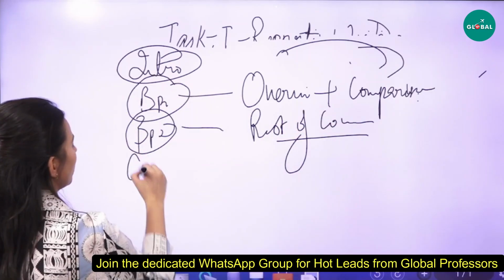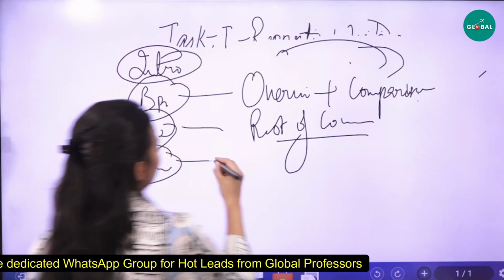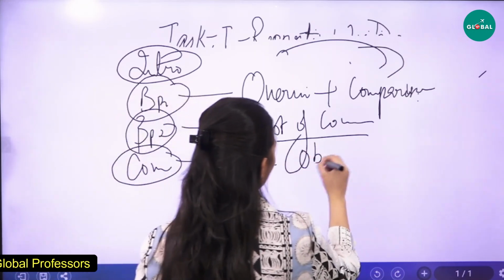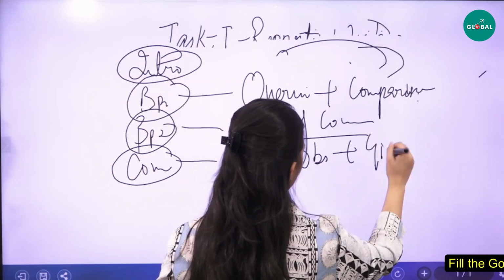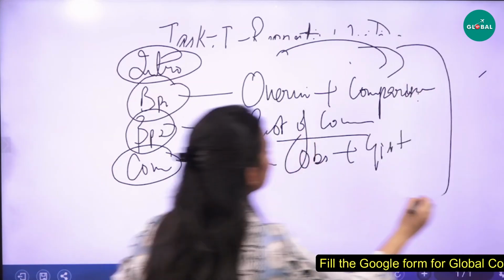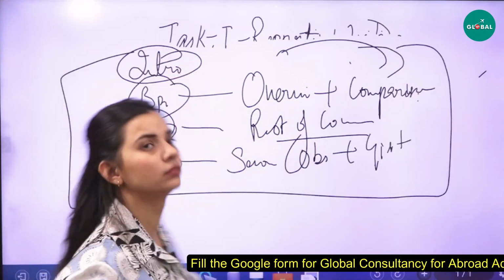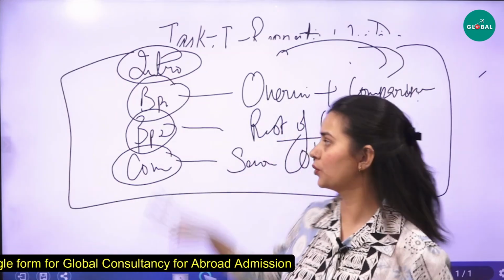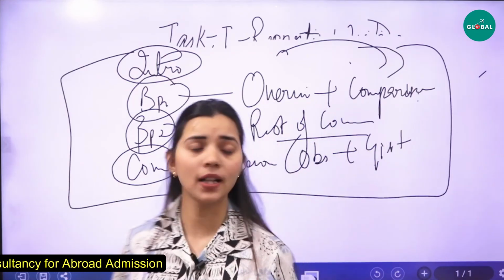And then it comes to the conclusion. You can say second observation plus gist. So this is your task 1, right? In a very easy manner, basically. Very first, when you're practicing, you need to understand this, right?